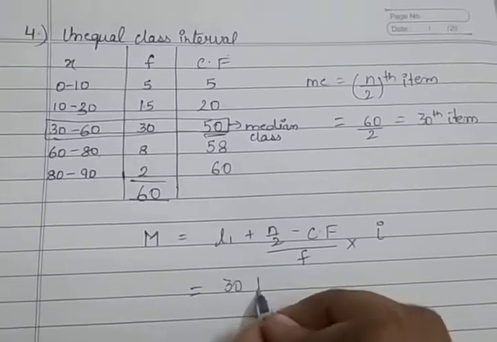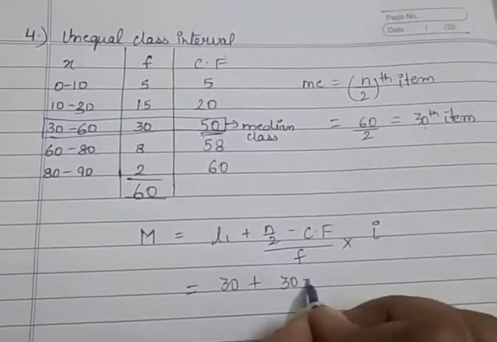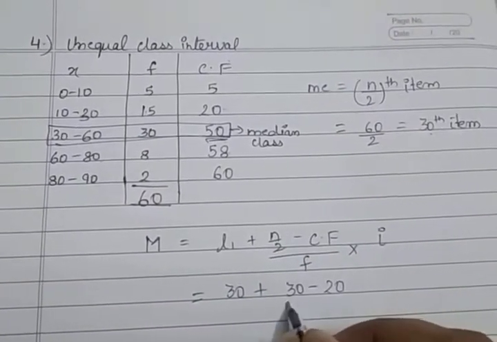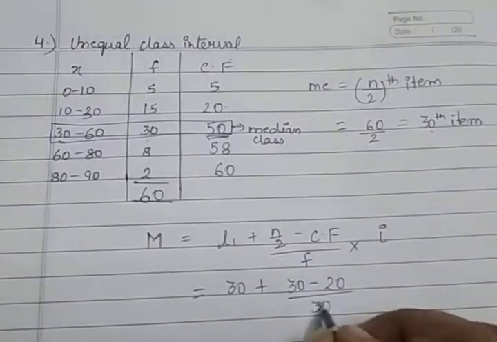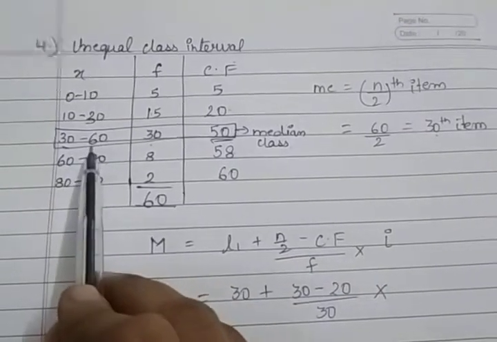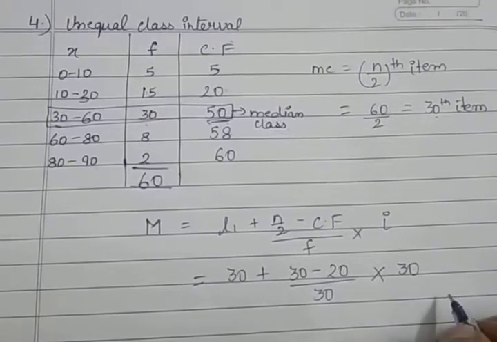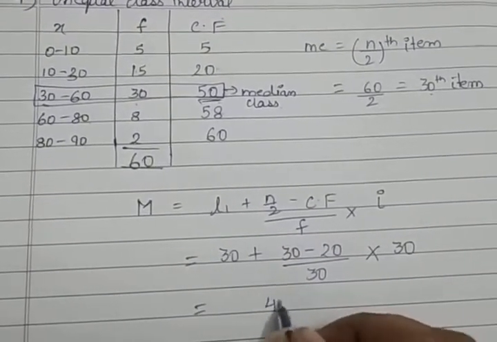N upon 2, again 30. CF just above, that means 20. Upon frequency, what is the frequency in this median class? 30. And the interval, in this median class, what is the class interval? 30. So we will put the value 30 only. After solving this, you will get the answer 40.